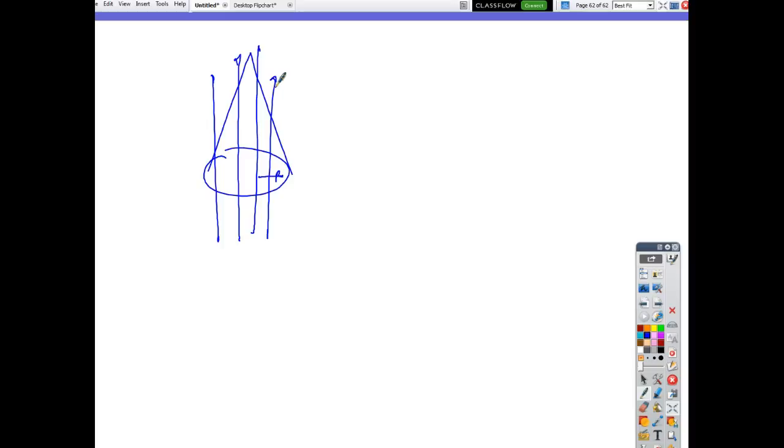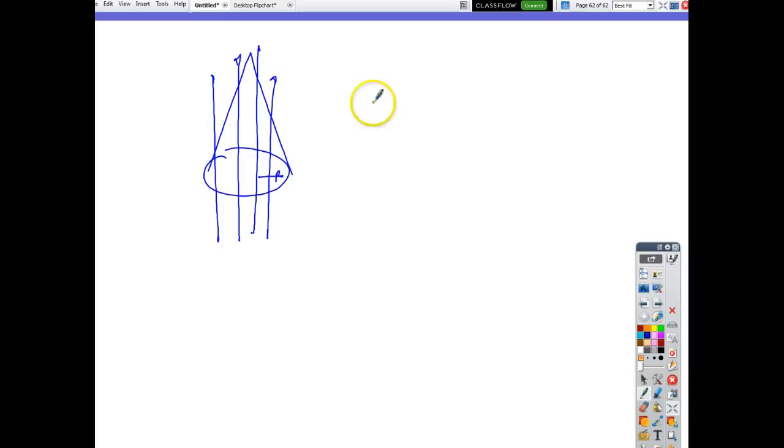So we're going to start talking about a couple things that are going to pop out of this. One, I take a look at this and go, crud, how am I going to do that? You've got angles, and you're going to have to figure out the surface area at the top of a cone. Or you realize however many lines are going to the top of the cone came in through the bottom of the cone, so these must be equal.